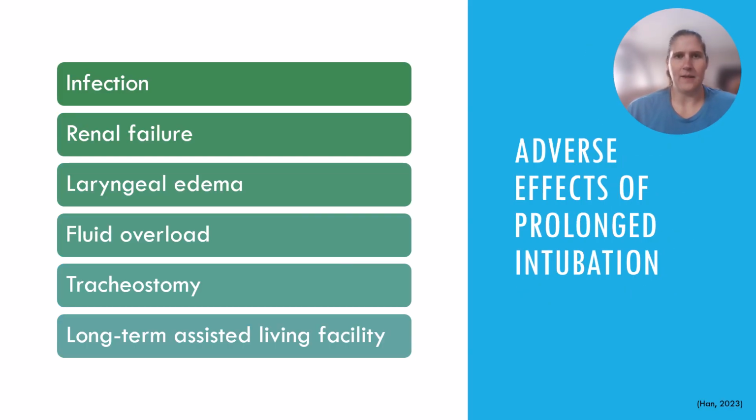It is estimated that up to 13% of patients who require intubation will need prolonged mechanical ventilation. Unfortunately, prolonged intubation has been linked to increased morbidity, mortality, and high hospital costs.